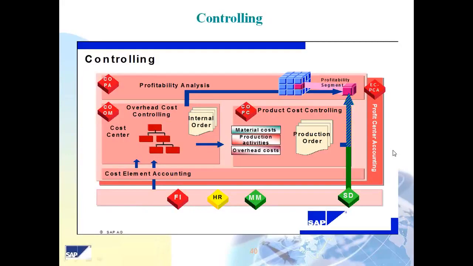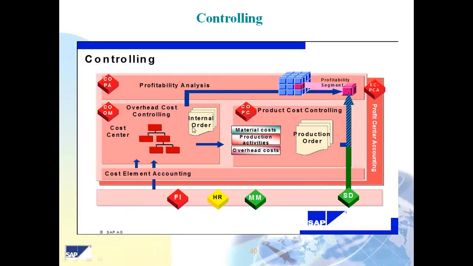So this is the overview of the whole controlling module. There is the FI department, HR department, and MM department. The data will flow from these departments to overhead management through the cost element accounting. That is, via cost element accounting, the data will flow from FI, HR, or MM to the internal overhead management, including cost centers and internal orders.